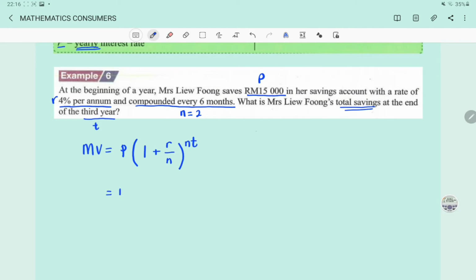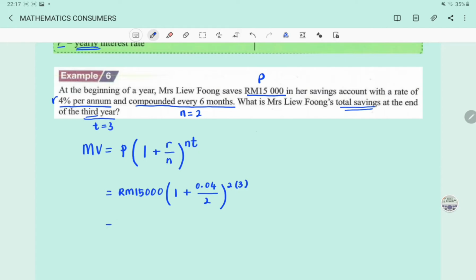P is RM15,000, in bracket 1 plus R, which is 4%, so we write 0.04, over how many times it's compounded? Twice a year, so divide by 2, to the power of NT. N is 2 and T is 3, because it is the third year.